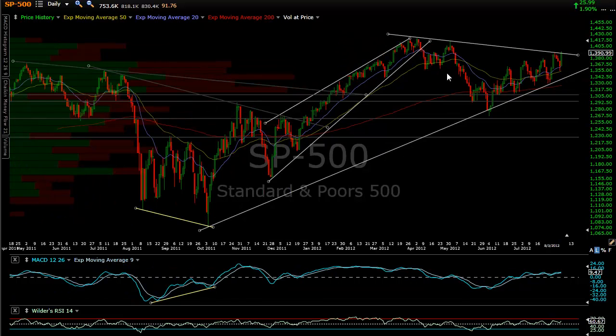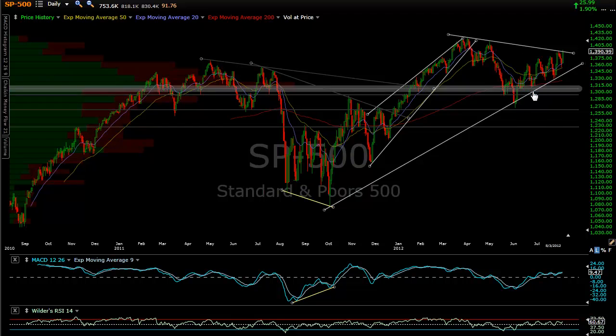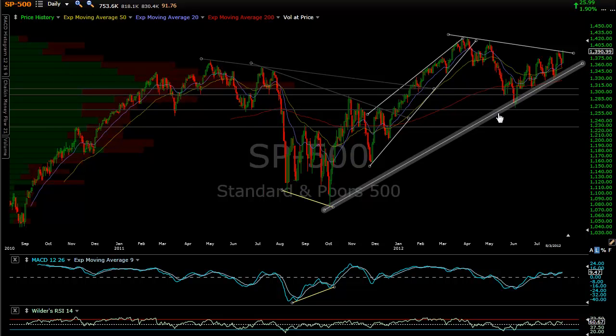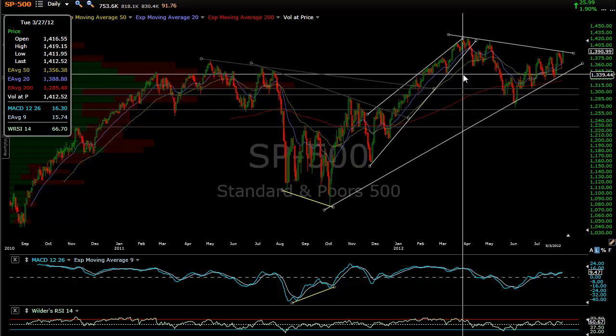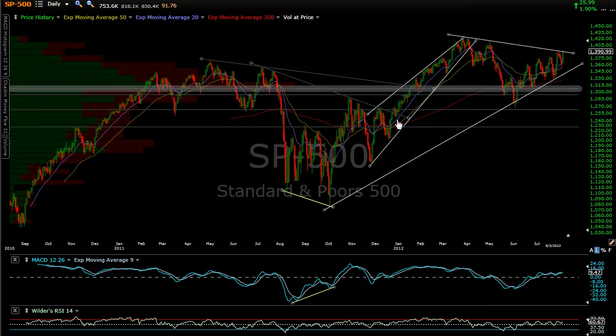There are some overhead support levels, and this is what we want to keep an eye on. This is what's called a large triangle pattern, almost a symmetrical triangle here, if you take this uptrend line from the 2009 lows and this downtrend line from the highs back earlier this year, 2012.